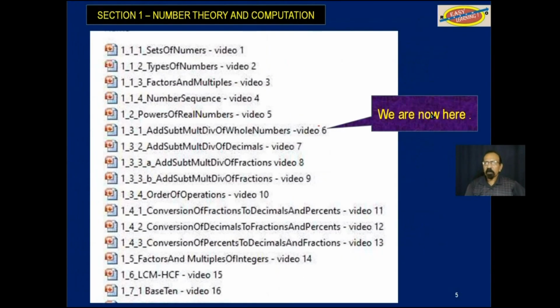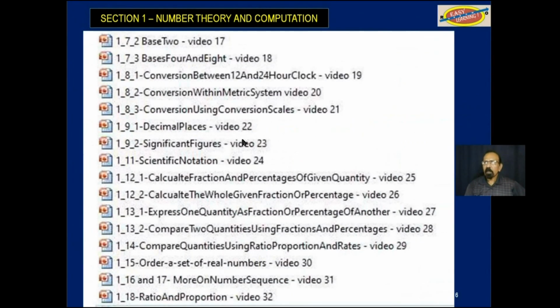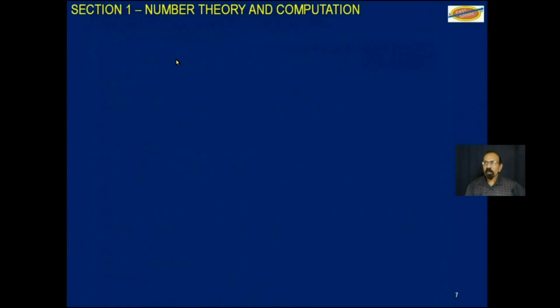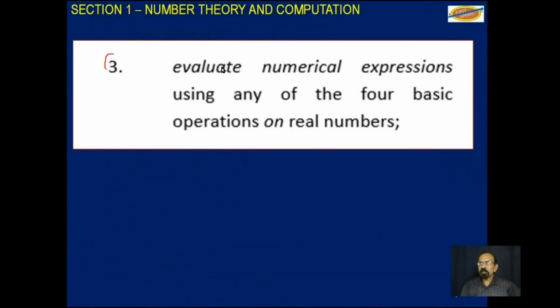Right now, we are here. Objective 3, section 1. And notice this objective 7, where we will be talking about base system. So this objective in section 1 says evaluate numerical expressions using any of the 4 basic operations on real numbers.